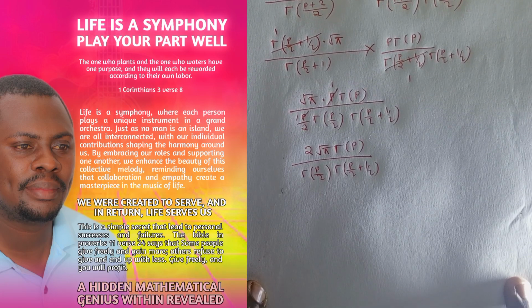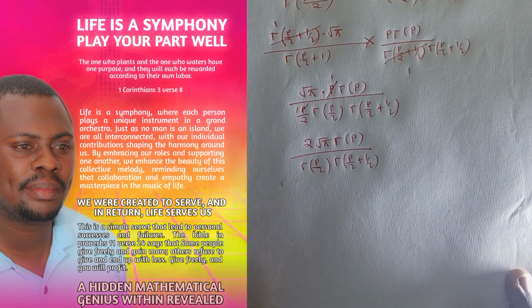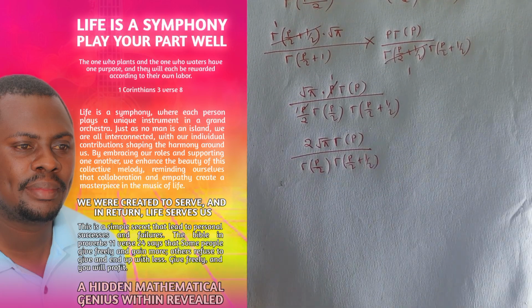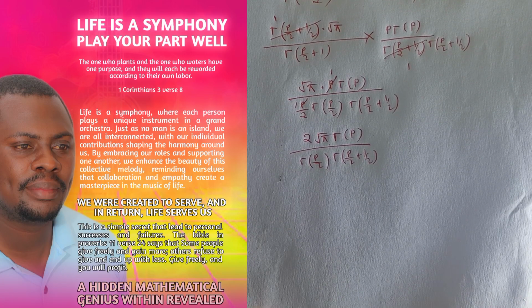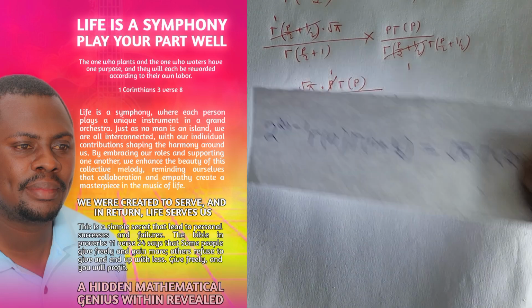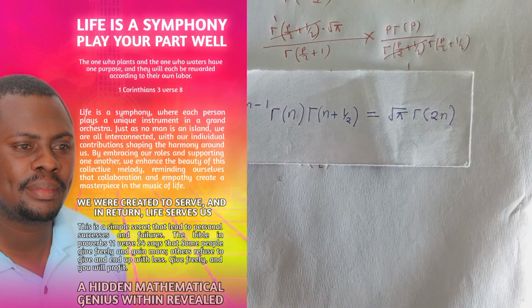So if you look properly on the denominator here, that is gamma of p over 2 and gamma of p over 2 plus half. This is related to the duplication formula of the gamma function.